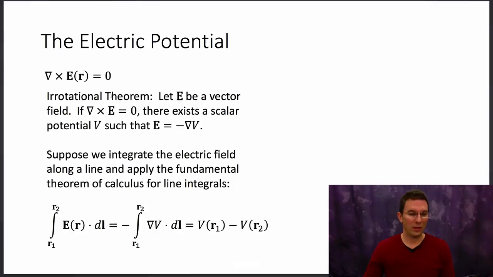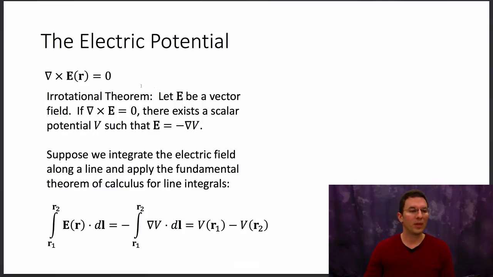If the curl of E is equal to 0, which it is in our case, there exists a scalar potential V such that the electric field can be written as the negative gradient of that scalar potential. The negative sign is there by convention, but this really is a consequence of the fact that the electric field has no curl.